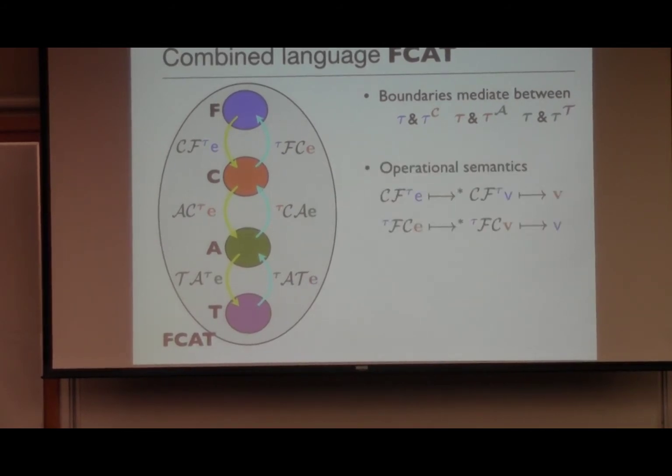Then how do we set up the operational semantics? If we take a look at the FC and CF language, if we have the CF boundary around E, we take that blue E and run it using exactly the source language operational semantics. We run it until we get down to that blue value V, right? So CF of E goes down to CF of V. And I've done that part of the running using only the F language, the blue language semantics.